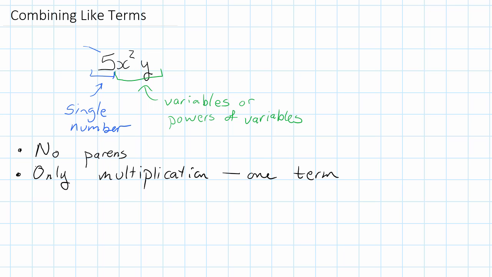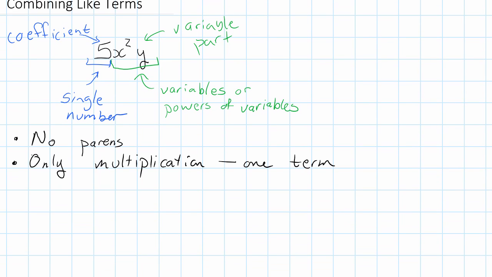This number in front has a name. It's called the coefficient. And then the variables and/or powers of variables are just called the variable part of the term.